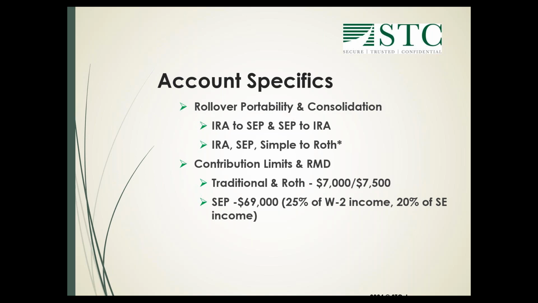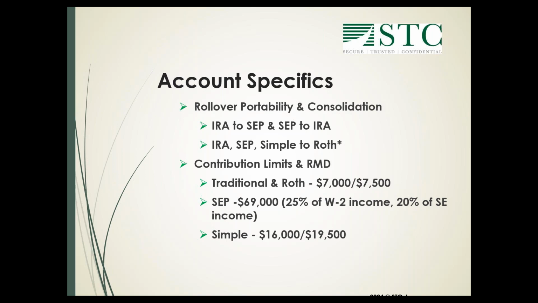Or if you are not doing a W-2, if you're doing a Schedule C as a sole proprietor on your tax form, then that would be considered self-employment income. And then you can take 20% of your self-employment income and make that contribution up to $69,000 for 2024. There's no catch-up provision with SEP plans for being 50 or older.